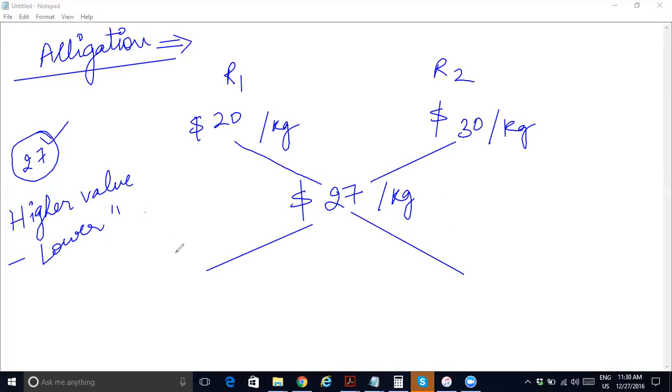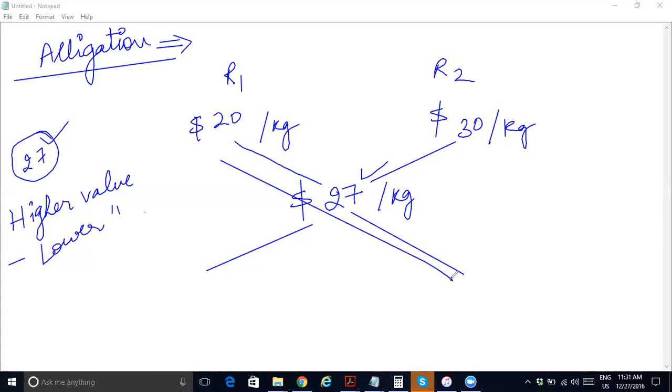We have already discussed that the overall average must lie between the lower and the higher value. It has to lie between 20 and 30, and we are given that number between 20 and 30. Now along the X, we need to perform this operation, higher value minus lower value.